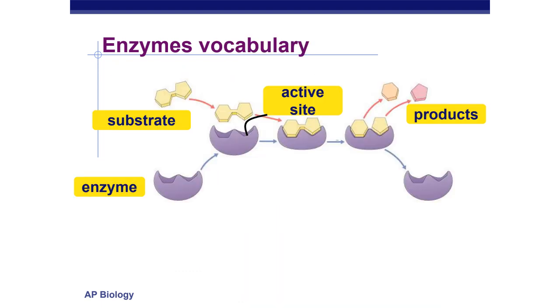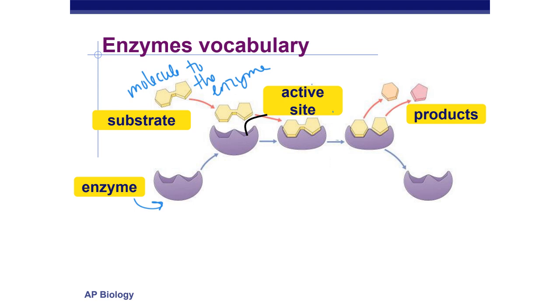Some common vocabulary that you will see as we talk about enzymes: the enzyme itself. In this picture, the enzyme itself is this purple thing. The substrate is the molecule that is binding to the enzyme, whether it's molecules as I'm building something up or molecules as I'm breaking something down, that's going to be my substrate.